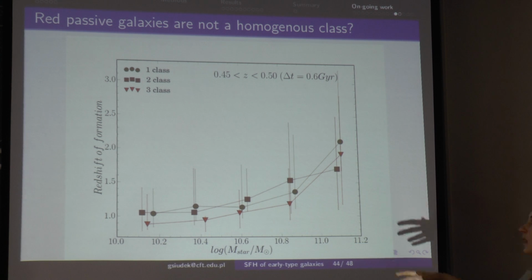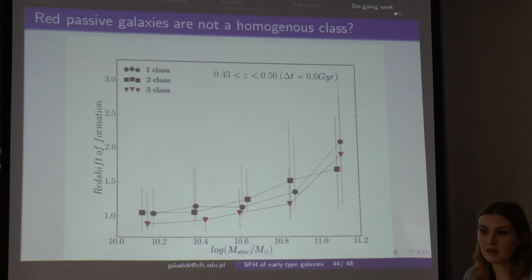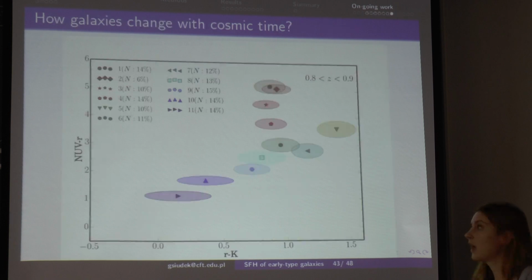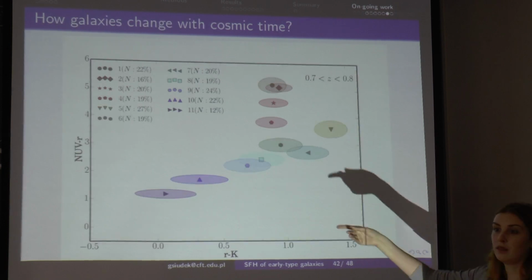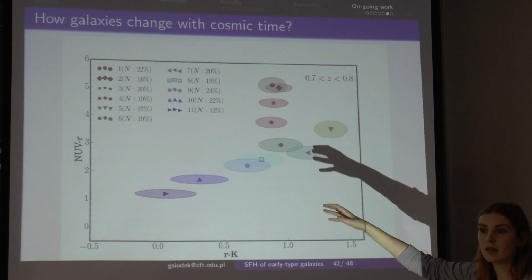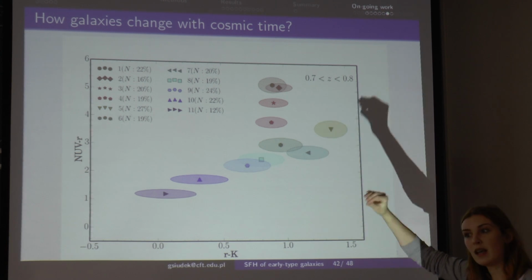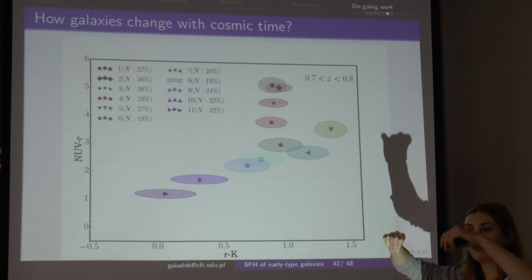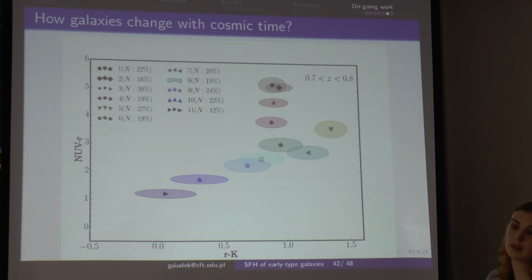It's a very hard question, and we don't know how this process went. That's why I'm trying to find some classification that allows us to track the steps going from spiral to elliptical galaxies.